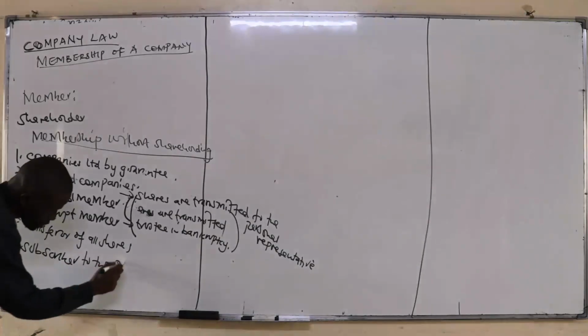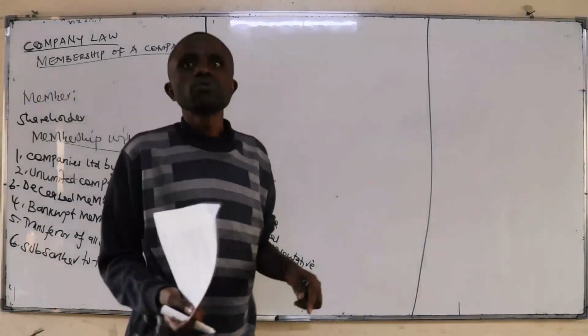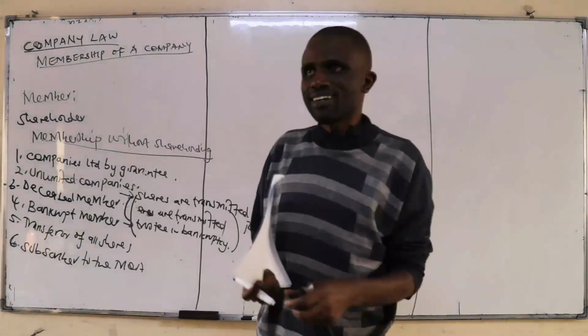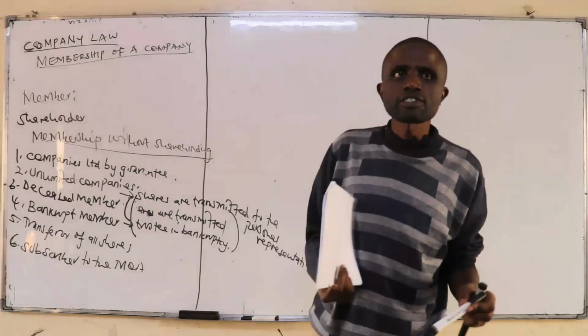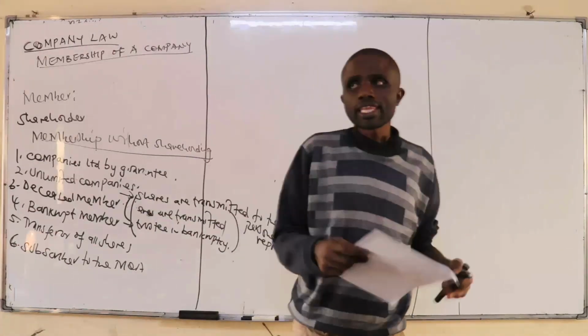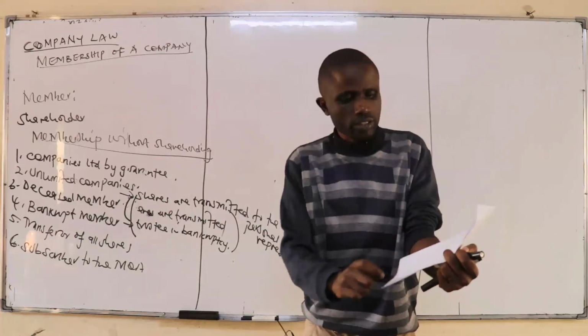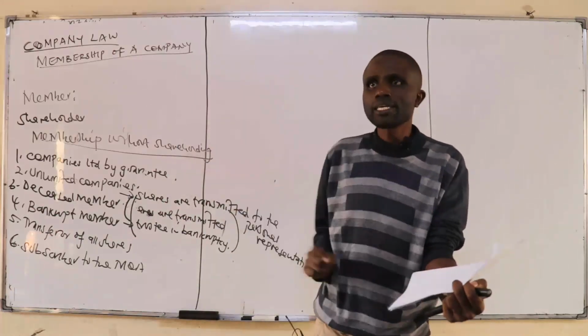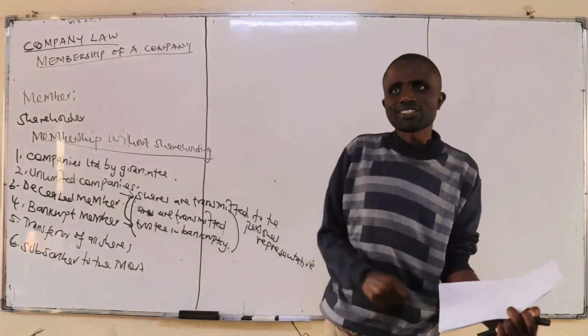Who are these? Did we talk about these people? Who are the subscribers to the MOA? We said they are who? Promoters who signed the association clause in the memorandum of association that they wish to come together to form XYZ Limited. Anyone who signs the memorandum of association during the formation of the company is a subscriber to the memorandum of association.